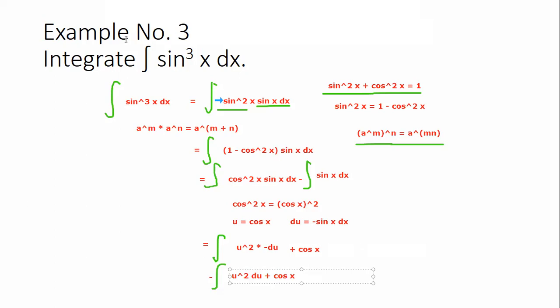So in this case, we are going to use the power formula for integration. We remember that the power formula for integration is the integral of u raised to n du, which is equal to u raised to n plus 1 over n plus 1, then plus c.